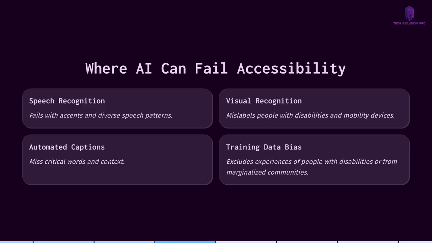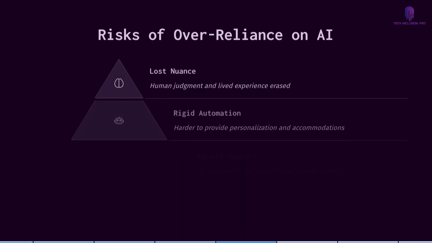And again, there's data bias in the training data used for AI models overall, so it can exclude the experiences of people with disabilities or from marginalized communities as well. As we've talked about before, the input is just as important as the output. Where is this information being pulled from, and how is that being utilized in the information that's being outputted?